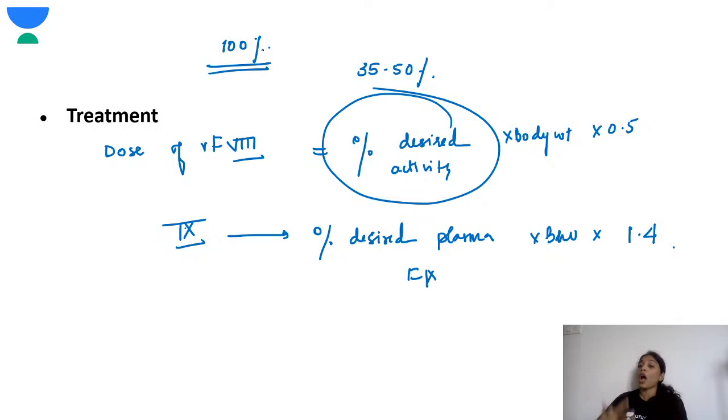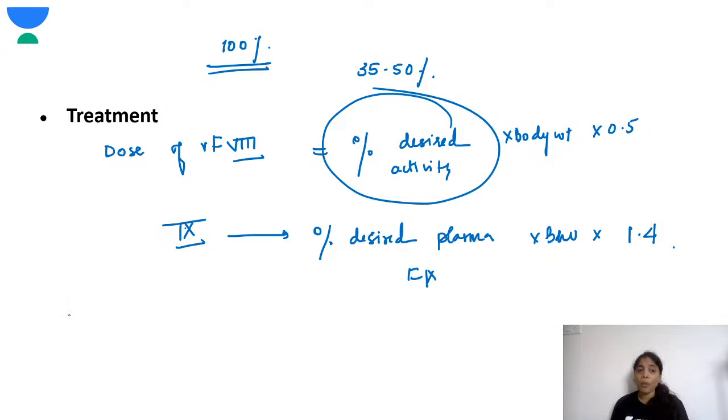So that much replacement factor should be given. This is very important. So for a mild to moderate bleed, the desired activity of the factor is 35 to 50%, but for a very severe bleed you have to give 100%. Fine.